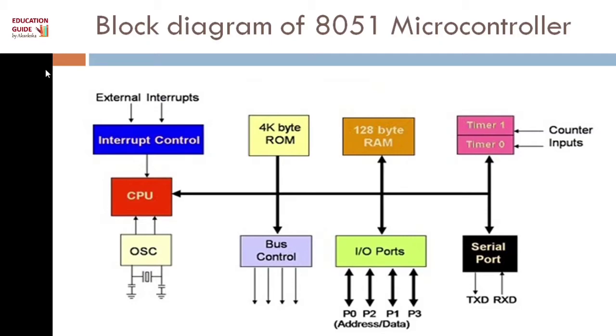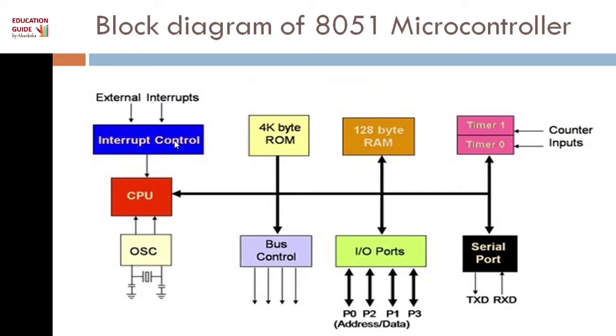Interrupt. What is the interrupt mechanism? Let us discuss. Temporarily suspend the ongoing program, pass the control to a subroutine, execute the subroutine, and resume the ongoing program or main program.